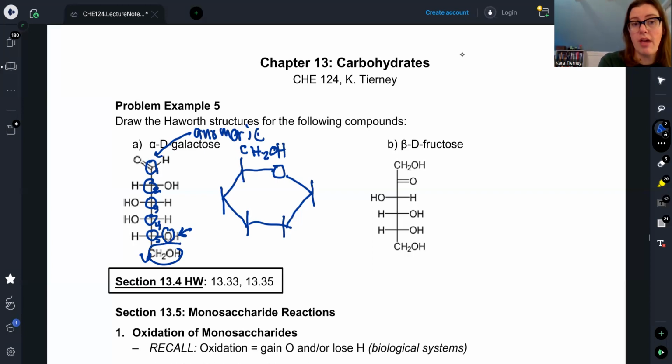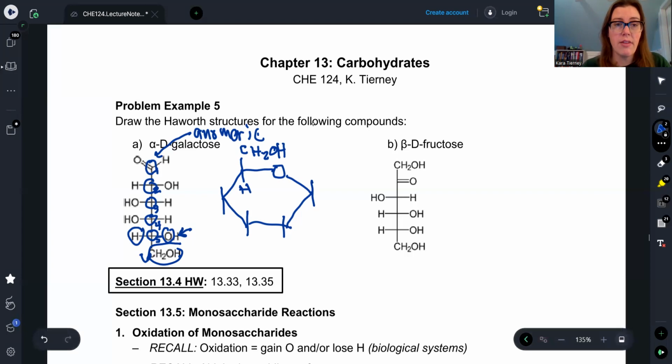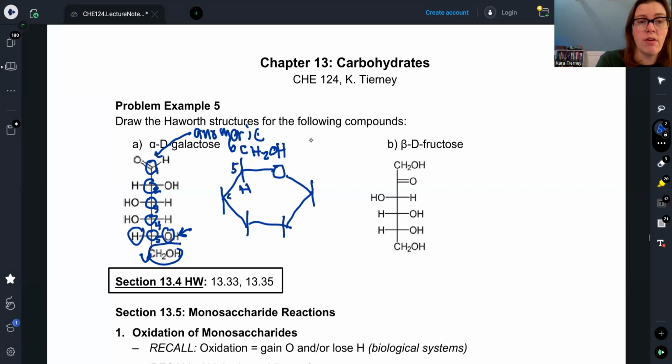CH2OH goes on top, and this is going to go on the bottom. From our counting, this CH2OH is our 6 carbon, which means this is 5, 4, 3, 2, and 1. That makes sense because carbon 1 was going to be our anomeric carbon. The anomeric carbon is always the one directly to the right, or clockwise, from the oxygen in the ring.